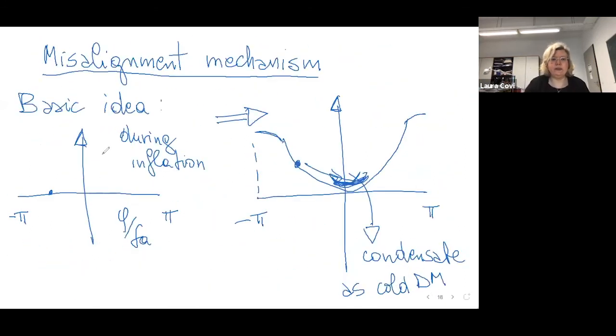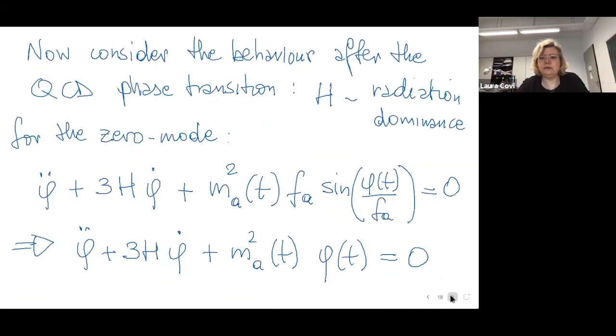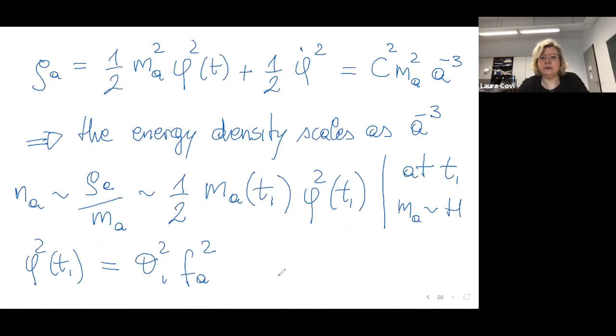So this value here is, as I said, theta_I, the initial value of the angle. And therefore here you have an estimate for the value of the number density at the time T1.